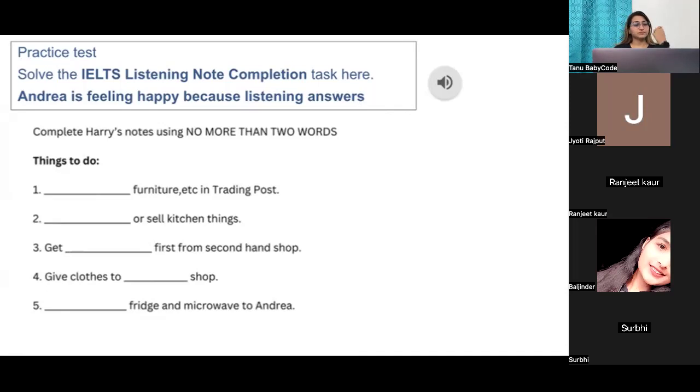Another place to try might be a second-hand shop. Someone from the shop will usually come around and give you a free quote, and then you can decide. But you don't usually get much money for that sort of stuff. Before you hear the rest of the conversation, you have some time to look at questions 6 to 10.